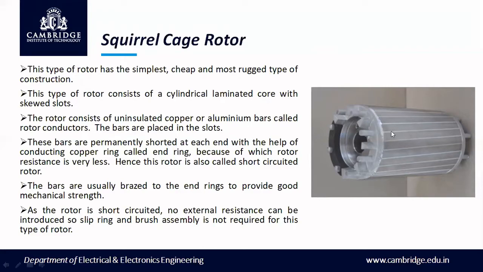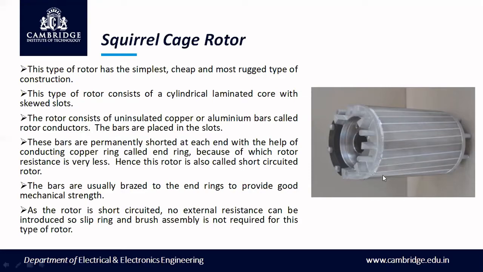The rotor also consists of uninsulated copper or aluminum bars called rotor conductors. The bars are placed in the slots. So in the rotor slots you can see the aluminum or copper bars are placed. Here we are not going to use windings.